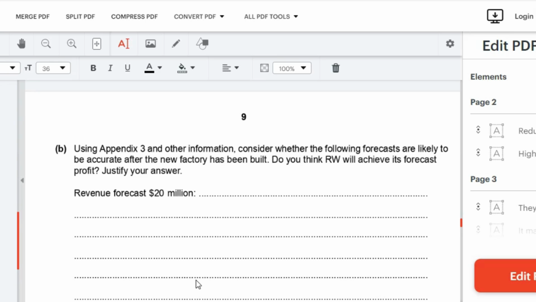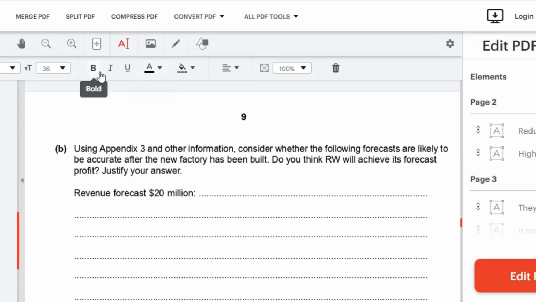Now, what do you think? What opinion can you give to RW to achieve the revenue forecast of $20 million? Of course, they are likely to have an increase, because the new factory can increase the output of their product per year.